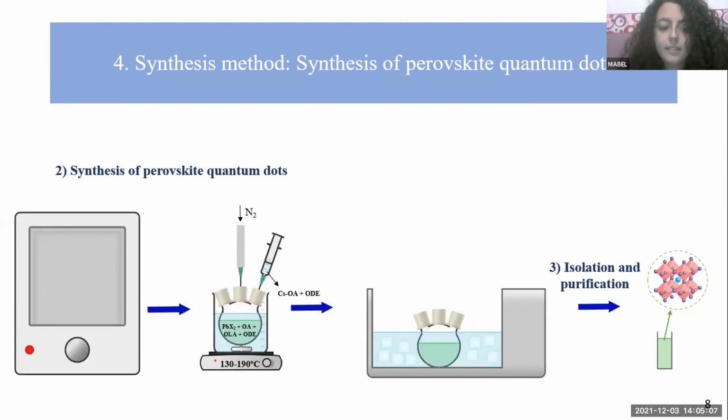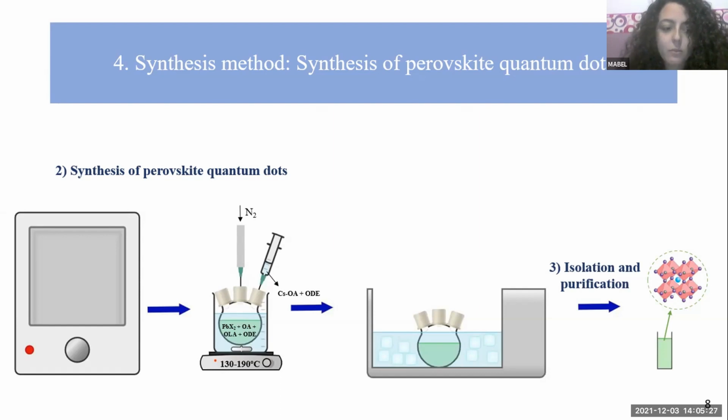For that, octadecene and lead dibromide, palladium dibromide, or their mixtures were loaded into a 3-neck flask and dried under vacuum for 1 hour at 120 degrees. Dry oleylamine and dry oleic acid were injected at 120 degrees under nitrogen.